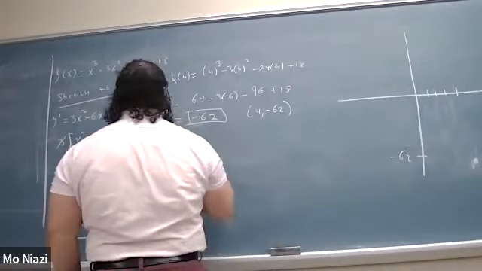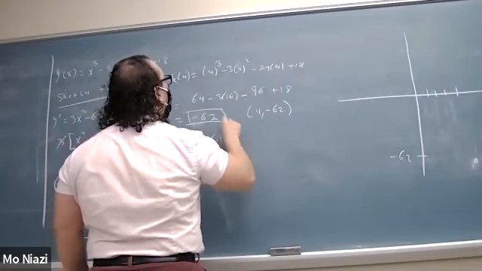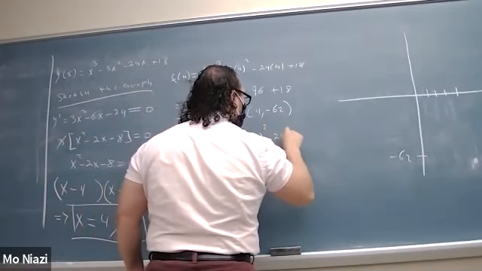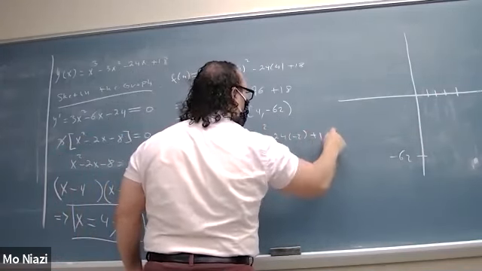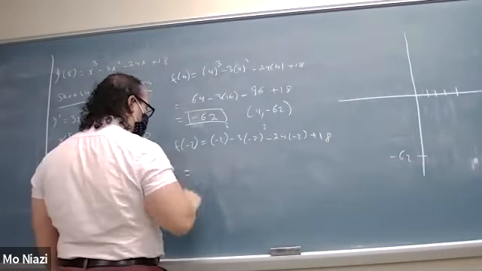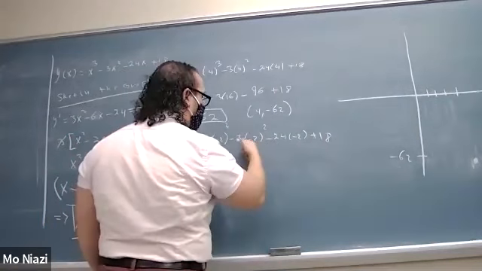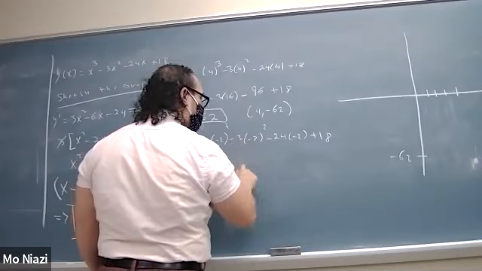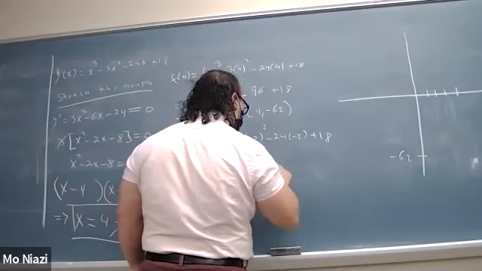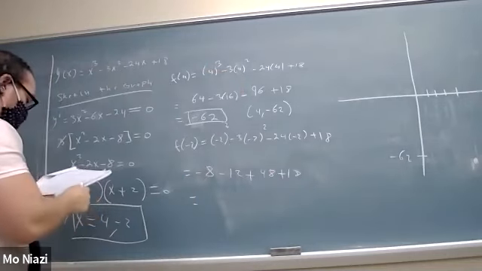Next, what about x equals -2? What's f of -2? Plugging into the function, -2 cubed is -8. This is 4 times 3, -12. This is a positive 48 plus 18. What do we get when we combine these terms?